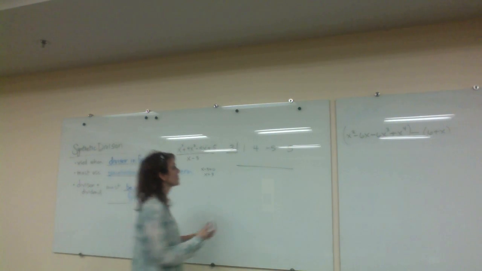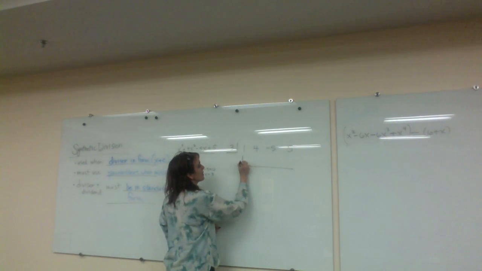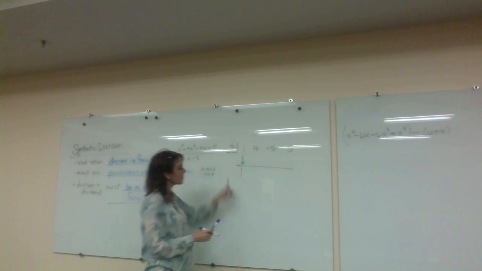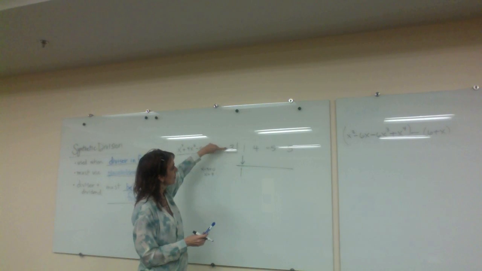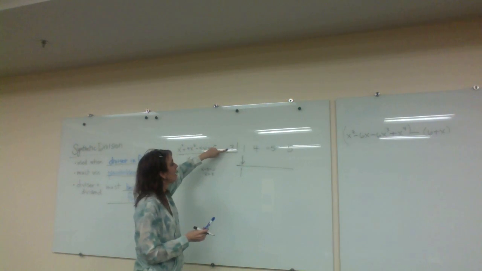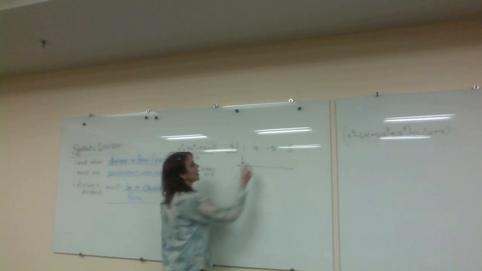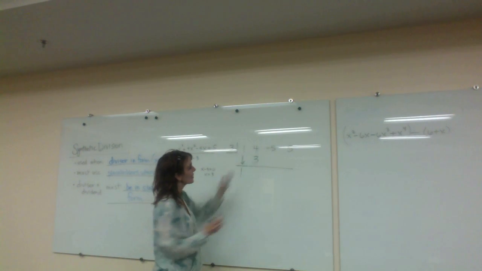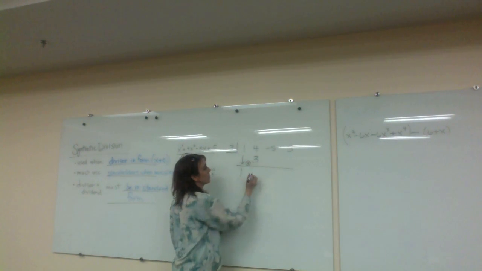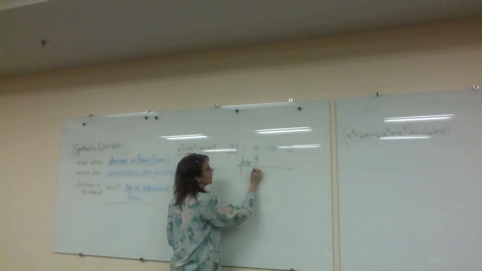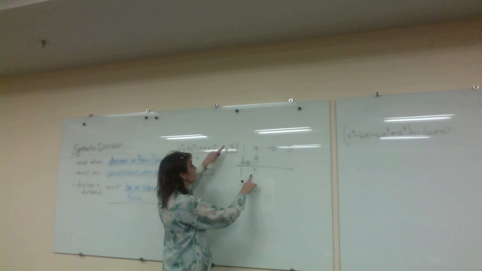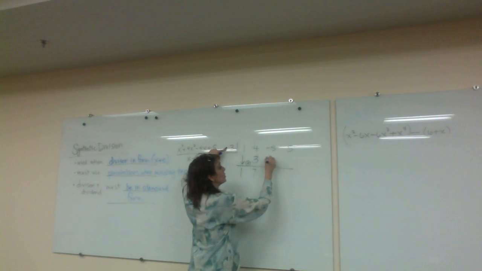What you're going to do is you're going to take this first number, whatever this happens to be, and just drop it straight down, 1. Then I'm going to take this value and multiply it by what's in the box. What do I get? 1 times 3? That goes right here, 3. And then I'm going to add these straight down. Okay, 4 plus 3 is 7. I'm going to repeat the process. 7 times 3 is 21.